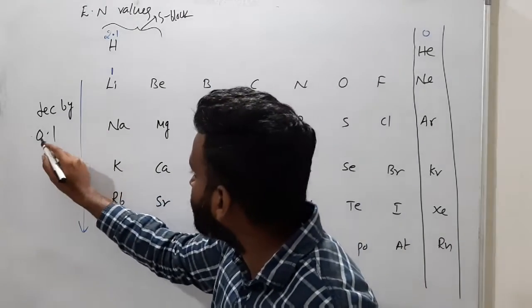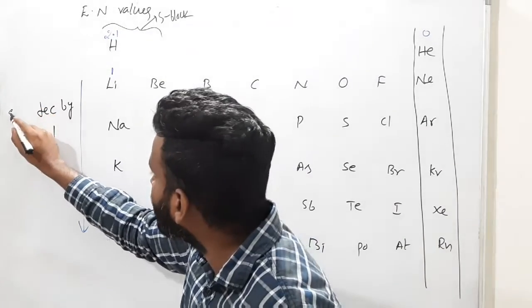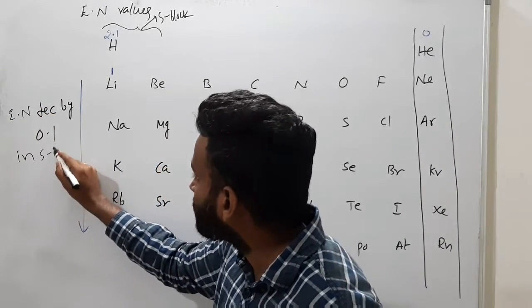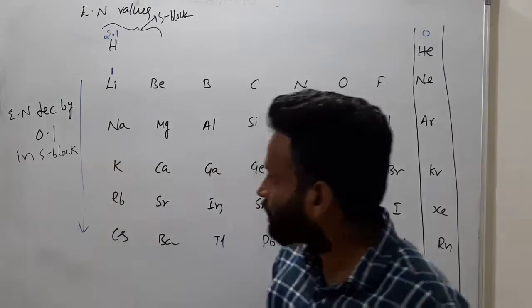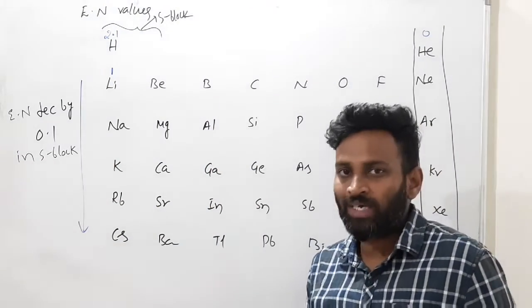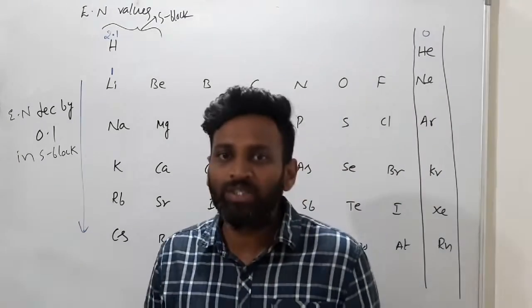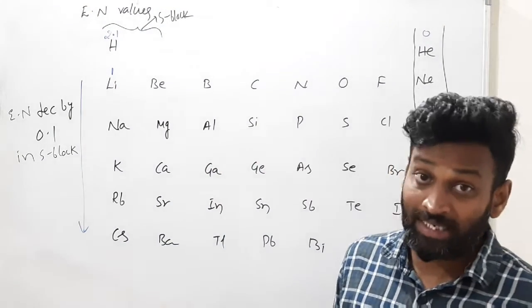So in the s block, electronegativity decreases by 0.1 going down. Understood? I am telling this approximately, just to have an idea of who is more electronegative and who is less.